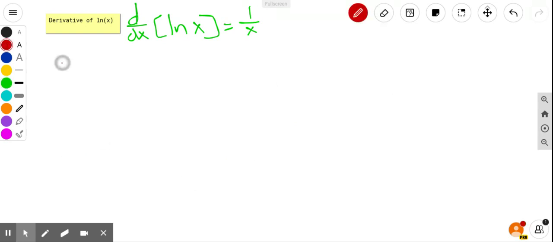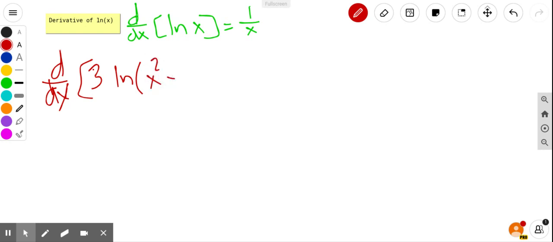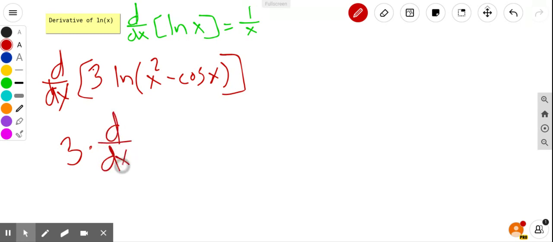So let's say we have to take the derivative with respect to x of 3 natural log of x squared minus cosine of x. Okay, so the 3 means I can think about it as 3 times the derivative with respect to x of the natural log of x squared minus cosine of x.